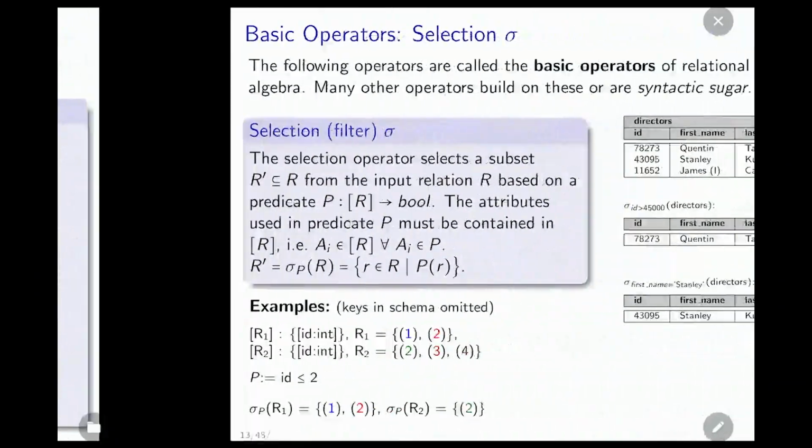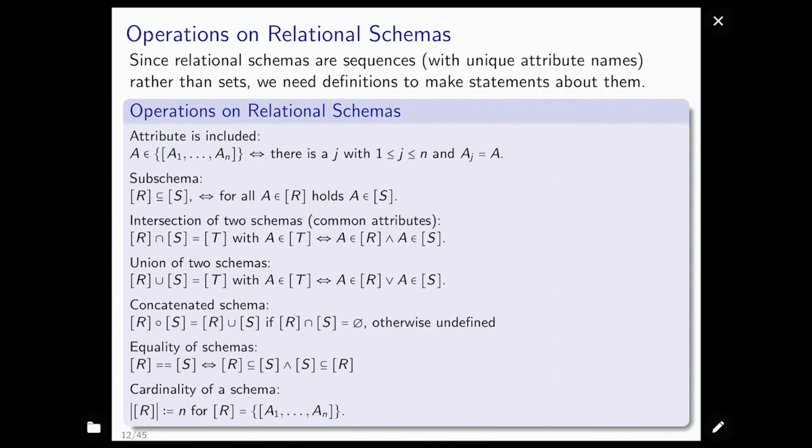Maybe let's start with some slides here. This slide is just for completeness. We will use these expressions in the following, so we need to be able to reason about those relational schemas, as schemas are sequences and not sets. We did this slide. Basically, we need to decide things like: now you have a schema definition, is attribute A contained in that schema, yes or no?